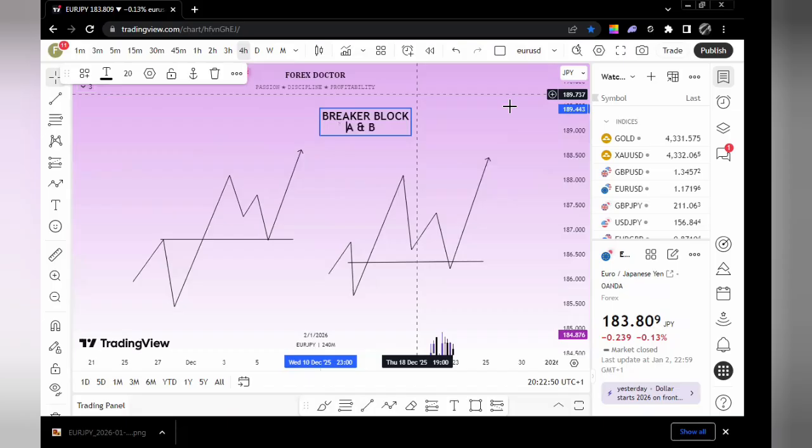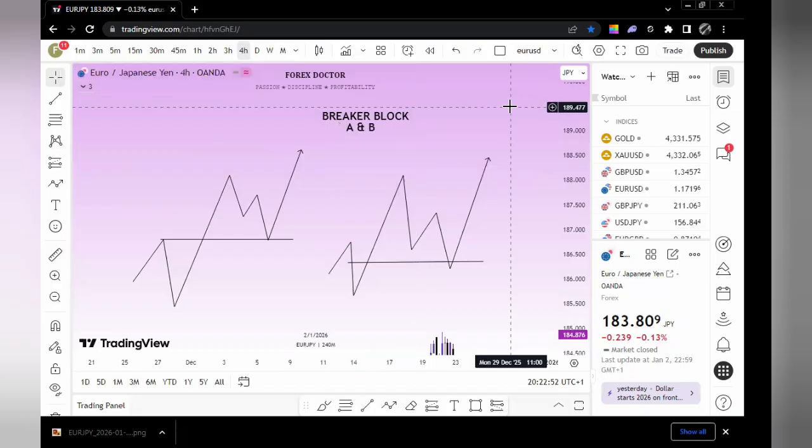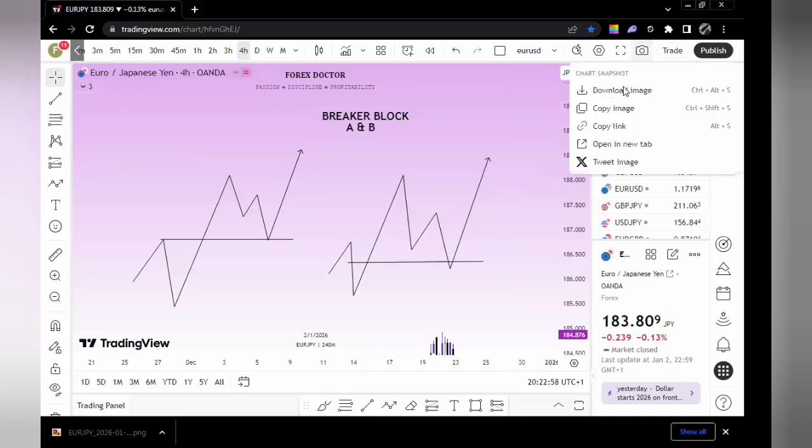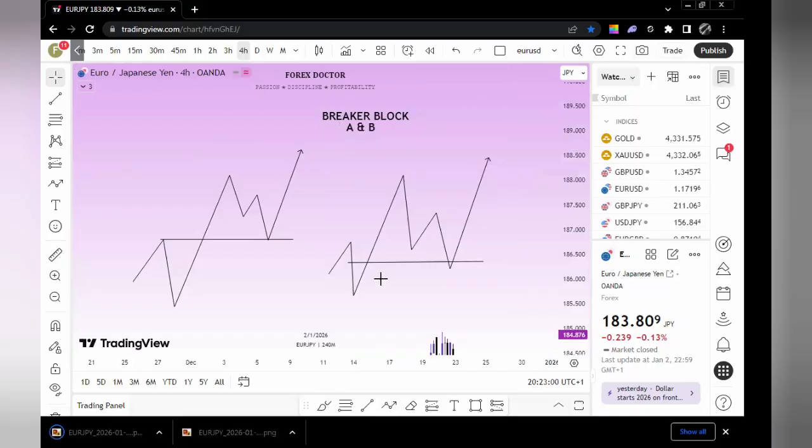Great. Let's take a quick picture of that again and extract it out. I don't want to leave any and say I forgot to do something.